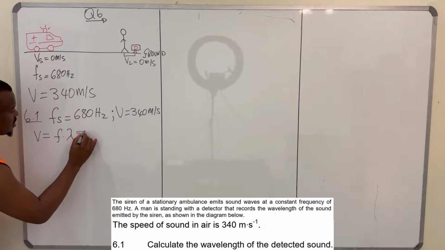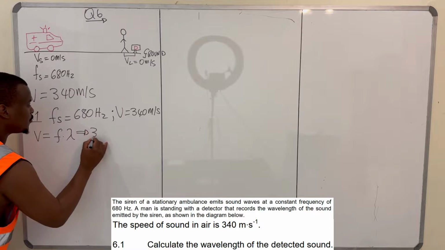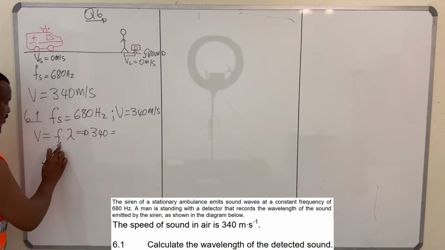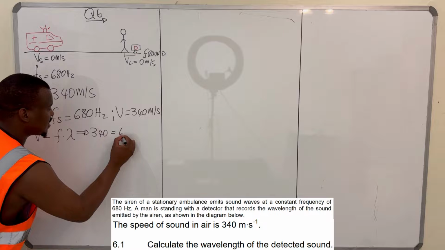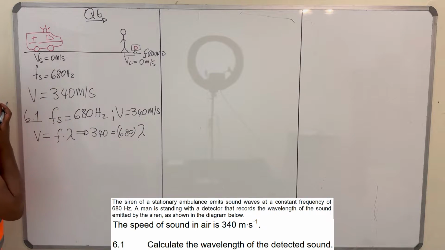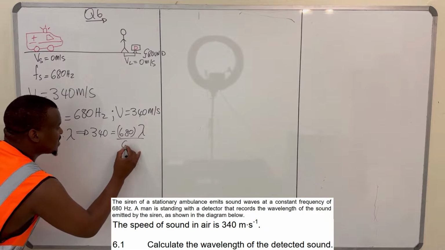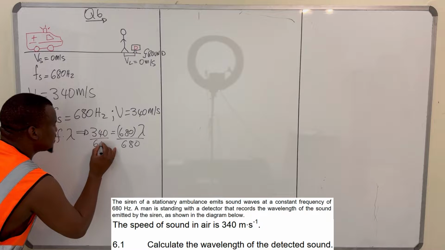So we substitute: 340 is equal to 680 times the wavelength, which is what you're looking for. Then divide by 680 on both sides.